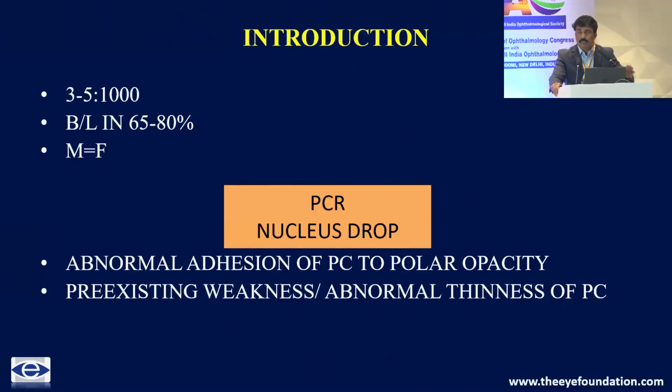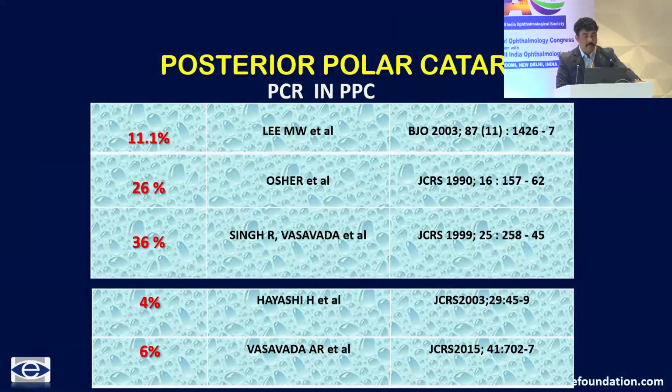Because of the abnormal adhesion of the posterior polar opacity to the posterior capsule, there is a chance of PCR or subsequent nucleus drop. The incidence of PCR ranges from 4% to 36%.